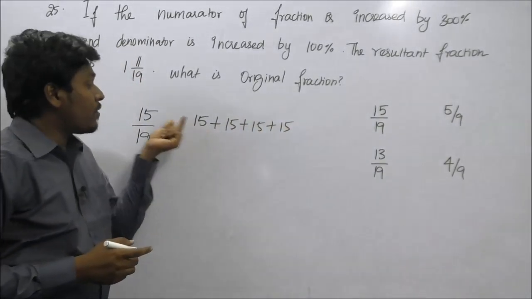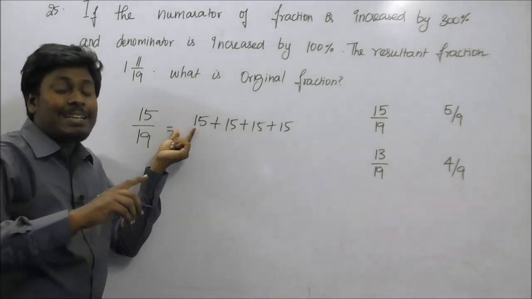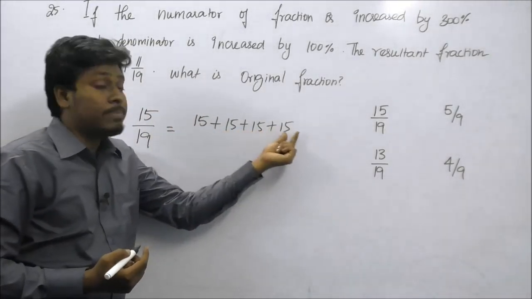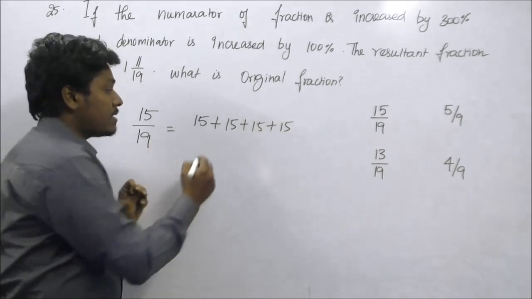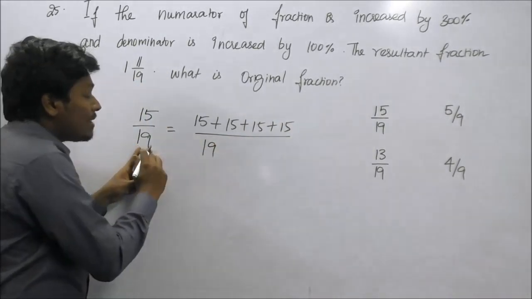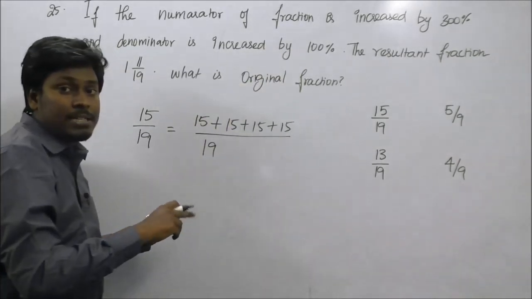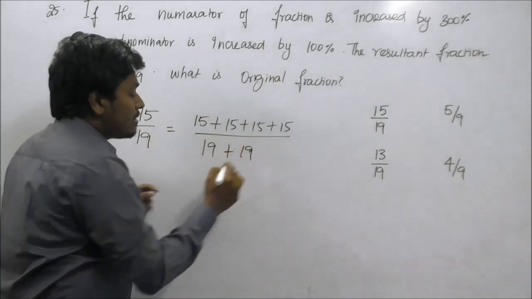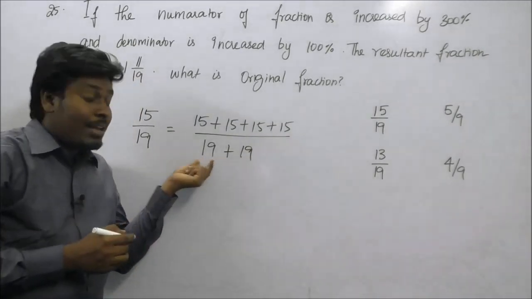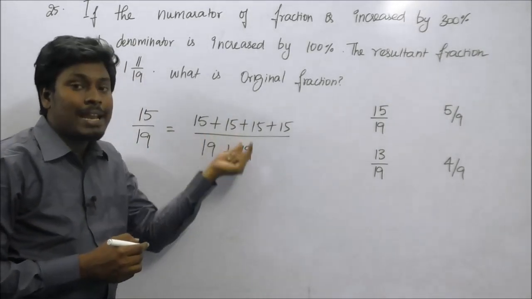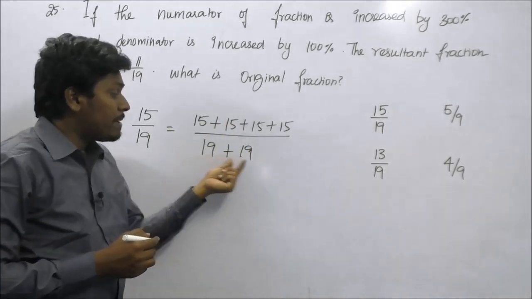The numerator is 15, and it gets increased by 300 percent, so 100 percent plus 100 percent plus 100 percent gives you 300 percent. Divided by, the denominator is already 19, and it is increased by 100 percent, so again we add 19. So 19 plus 19.